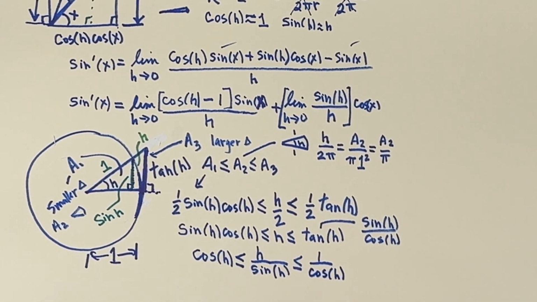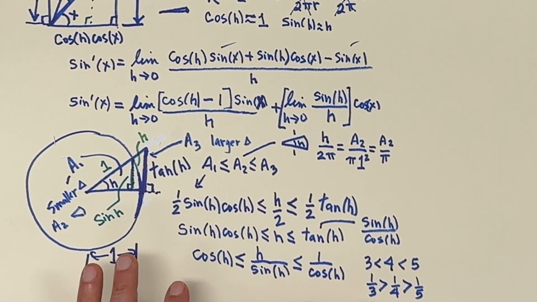Now, what I would like to do is flip these. Now you have to be careful, because if we flip them, say this is like saying 3 is less than 4 is less than 5. But now if I flip these, 1/3 and 1/4 and 1/5, now the 1/3 is the big one and 1/4 is next and 1/5 is the smallest one.